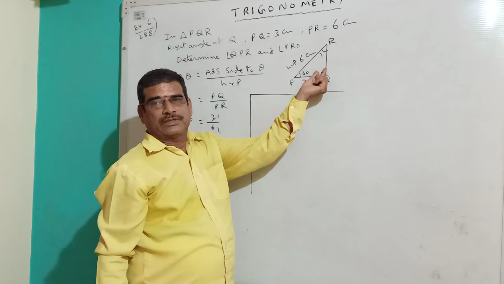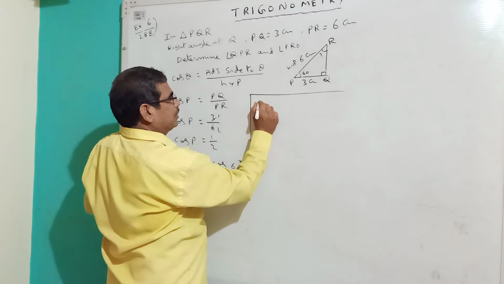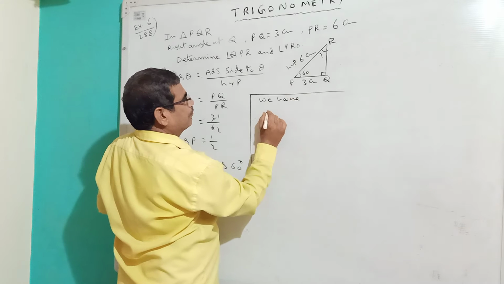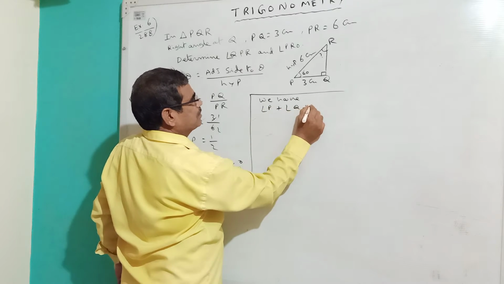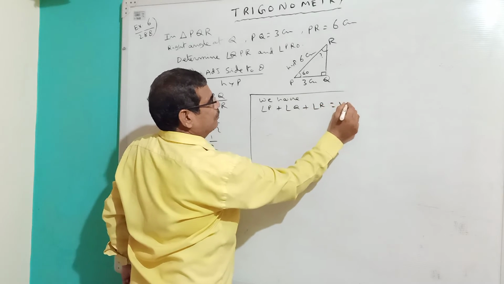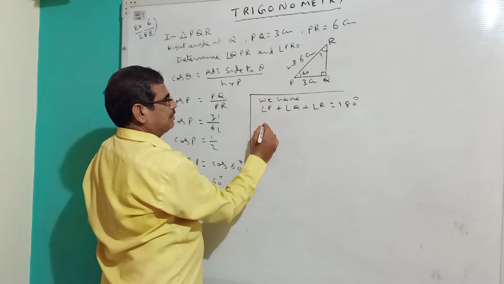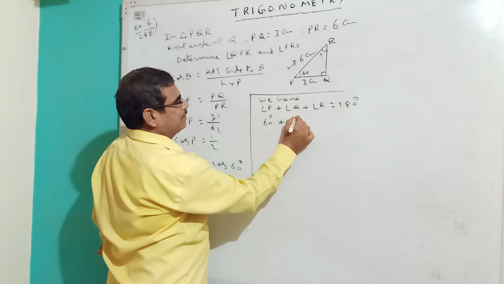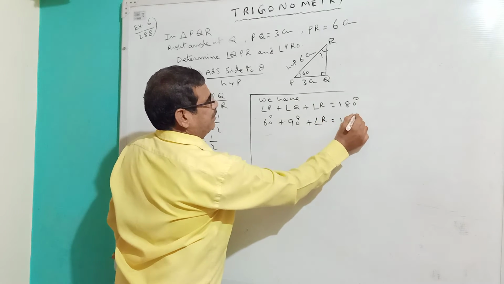Here this is 90 degrees. The sum of three angles in a triangle is 180. We know that very well. We have angle P plus angle Q plus angle R is equal to 180 degrees. Angle P 60 degrees plus angle Q 90 degrees plus angle R, we have to find that, is 180 degrees.